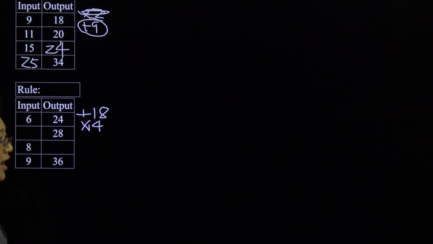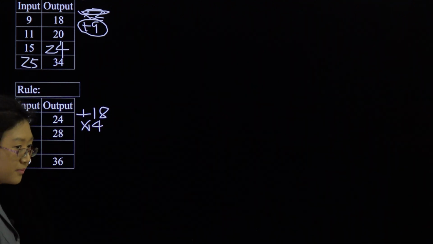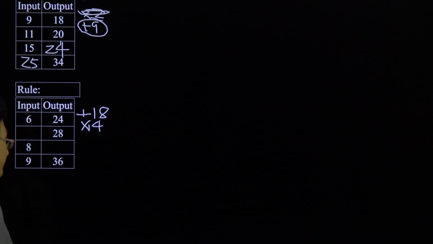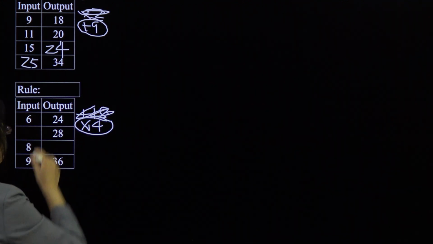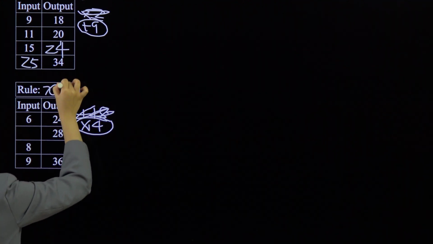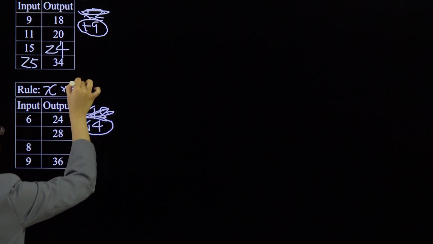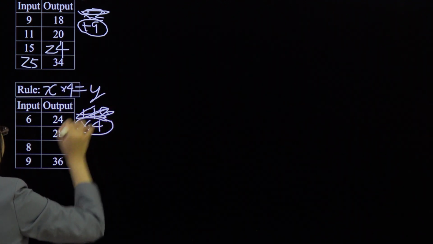Last time I checked, 9 plus 18 is not 36. It's 27, by the way. But 9 times 4 is equal to 36. So the rule is times 4. X times 4 equals y.